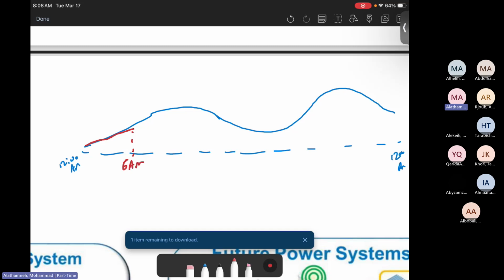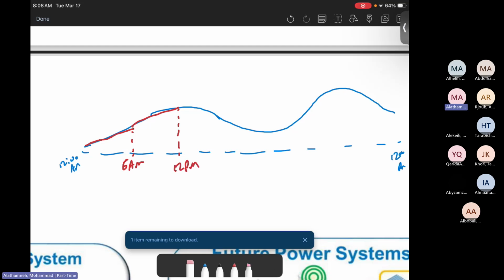Here is about 6 a.m. Then manufacturers and industrial loads start working, like motors, and industrial cities start working. So here is, for example, 12 p.m.